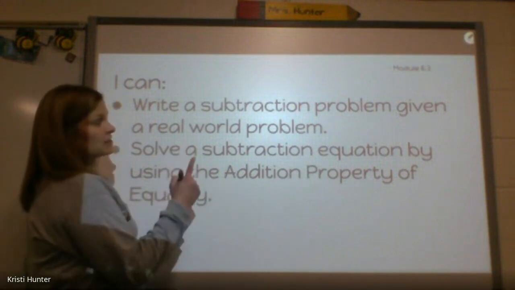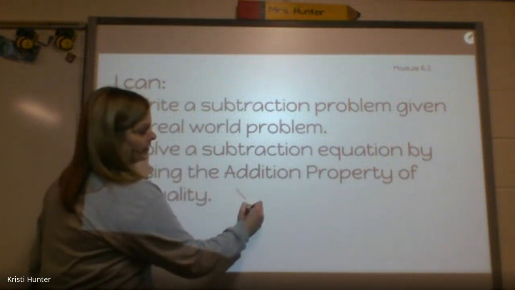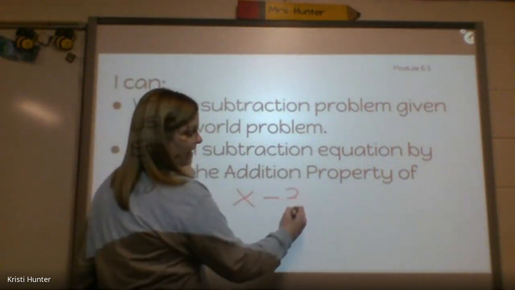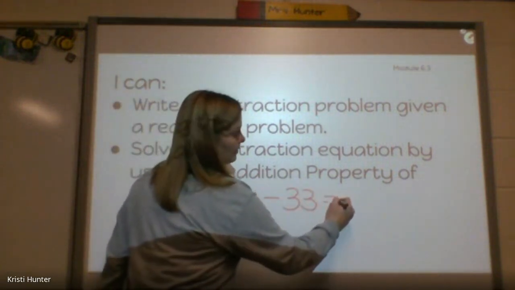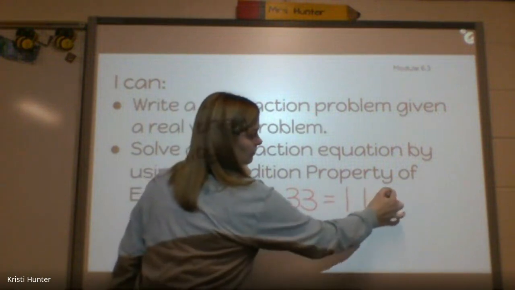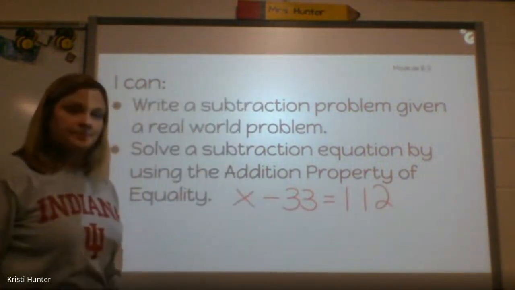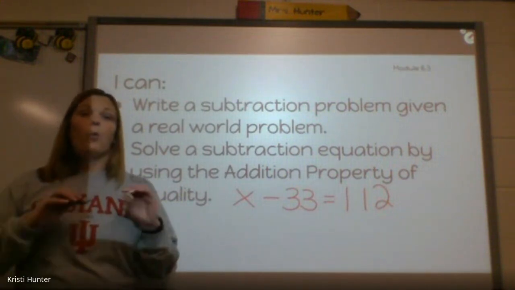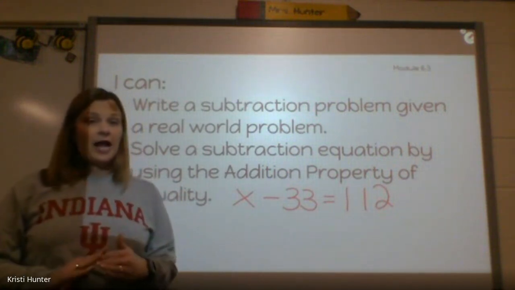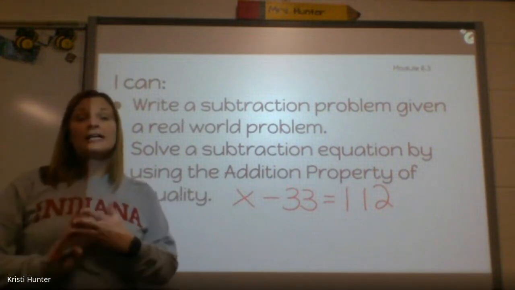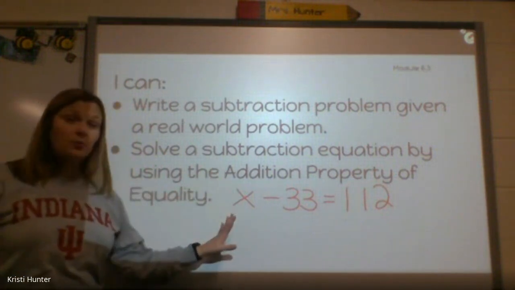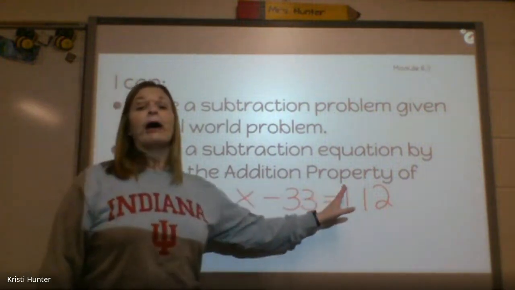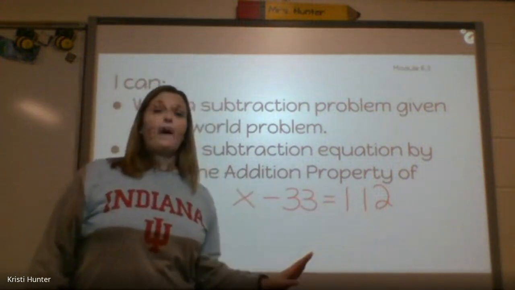So when I think of a subtraction problem, I'm getting a variable and I'm taking away a value and I'm equaling some other term. Okay, so remember on Friday we talked about what we already know about subtraction. Subtraction means I have to start with my whole, I take away a part, and that will give me another part.